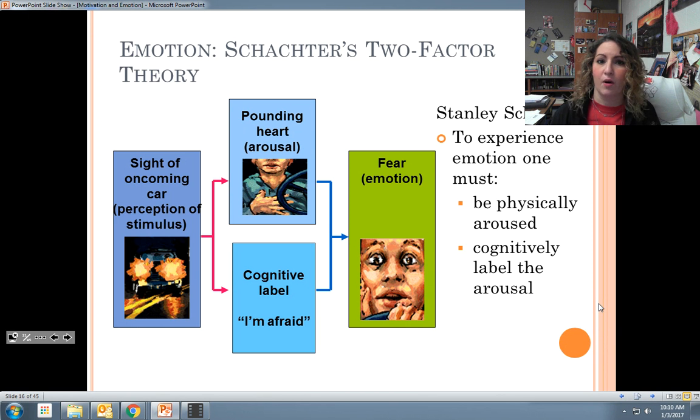You might think, why don't most researchers agree with this one? There are a lot of primal emotions where you're not necessarily thinking about the emotion that you're experiencing until after. It's possible that you experience disgust immediately without thinking, what is the smell? The smell is revolting. I am experiencing disgust.